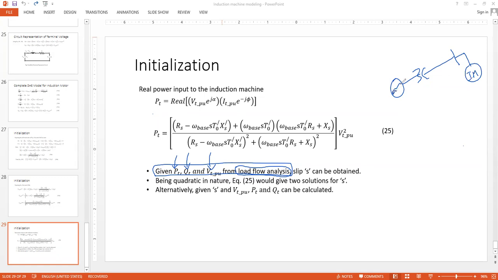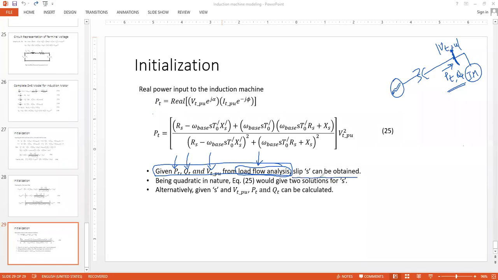So load flow analysis means that you are simply calculating what is the real power being injected, what is the terminal voltage, and what is the reactive power actually consumed by the induction motor. So PT, QT injected at this bus and VT at this bus in per unit magnitude. All these three pieces of information can be obtained with the help of load flow analysis. So this is what is meant by this.